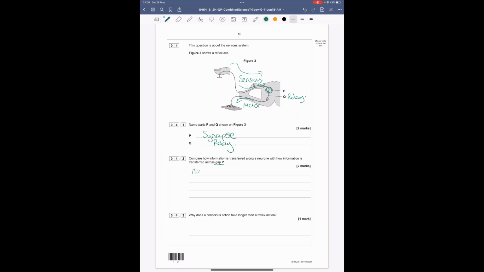Well, along a neuron, we should know that neurons conduct messages via electrical impulses, whereas across a synapse, at the end of a neuron, and this is the next part of the neuron, you have neurotransmitter, or a chemical that diffuses across the synapse. So a synapse involves the movement of chemicals, and it'd be really good if you can throw in the keyword neurotransmitter.